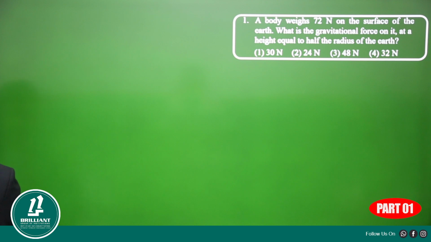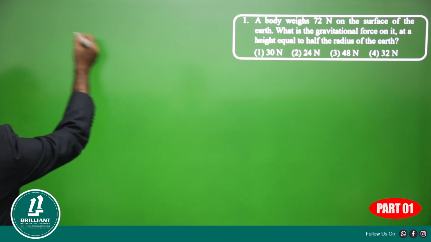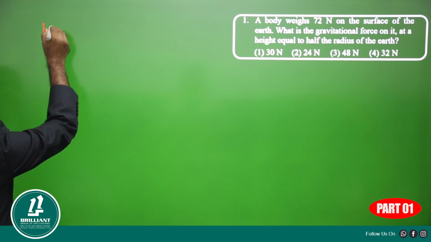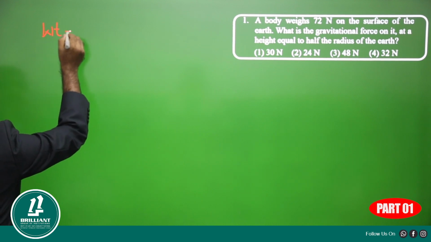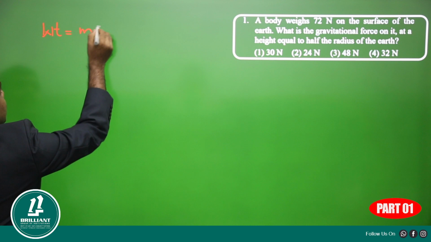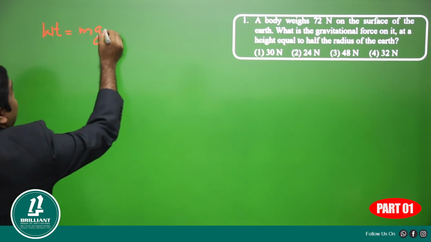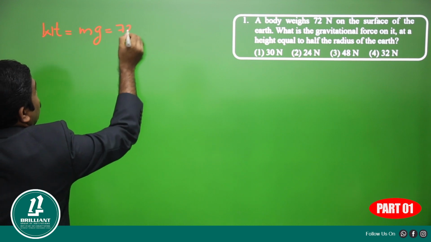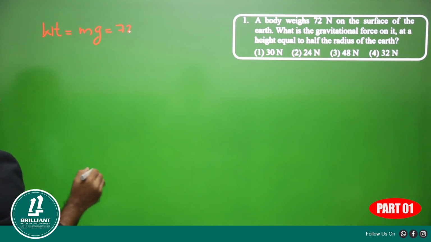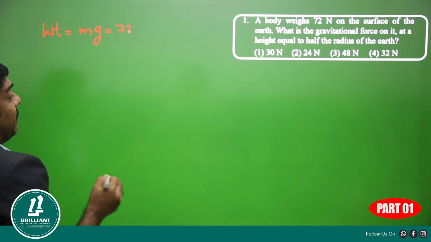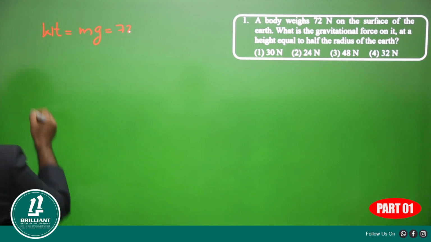We know the weight of a body is equal to mg, that is equal to 72 Newton. They are asking what is the gravitational force on it at a height equal to half the radius.